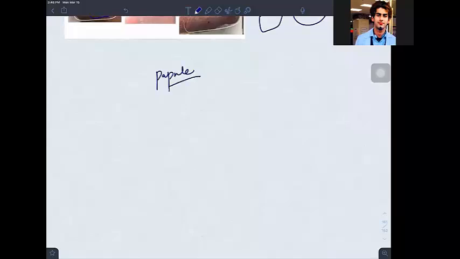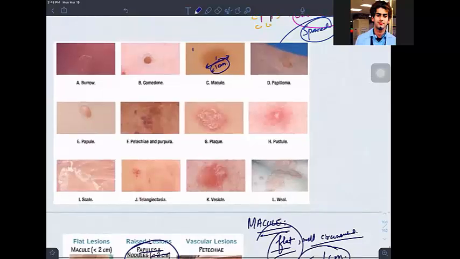Papule means it is elevated but less than 1 centimeter. Can we understand? See, elevated. This is the base. Can we see the elevation? So it is a papule, but less than 1 centimeter.